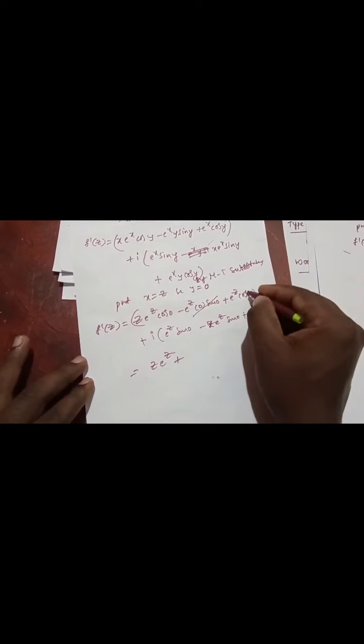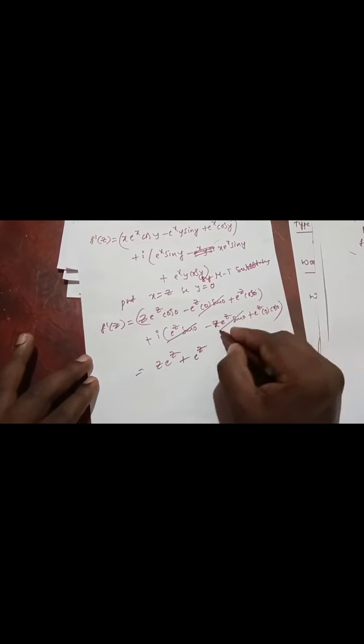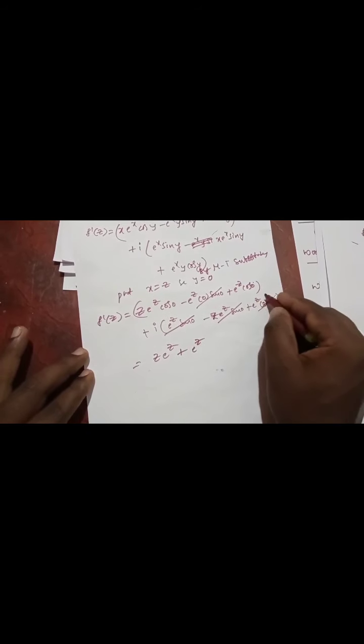Here cos 0 is 1, so write z e power z; sin 0 is 0, so the second term gets cancelled, plus e power z as it is. Here 0 into anything is 0, so this term will become 0. This is our f dash of z.